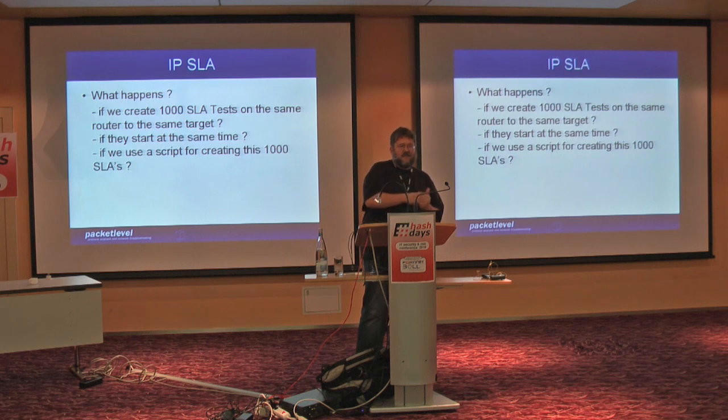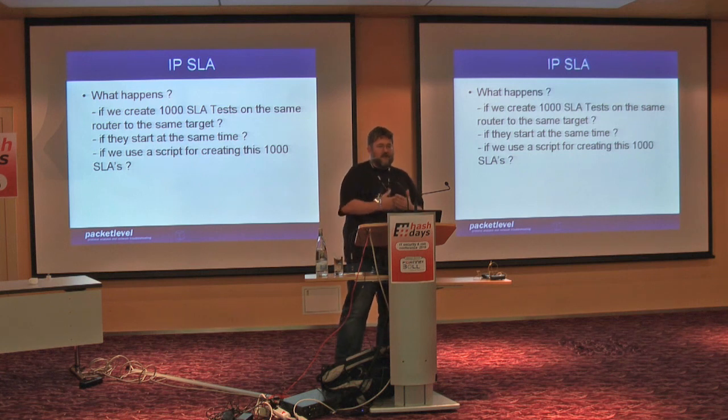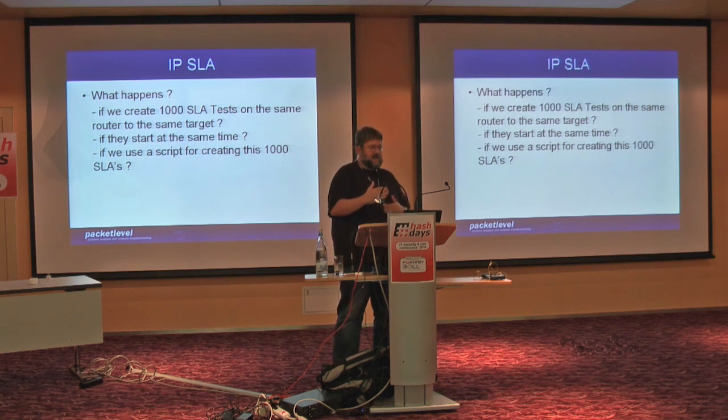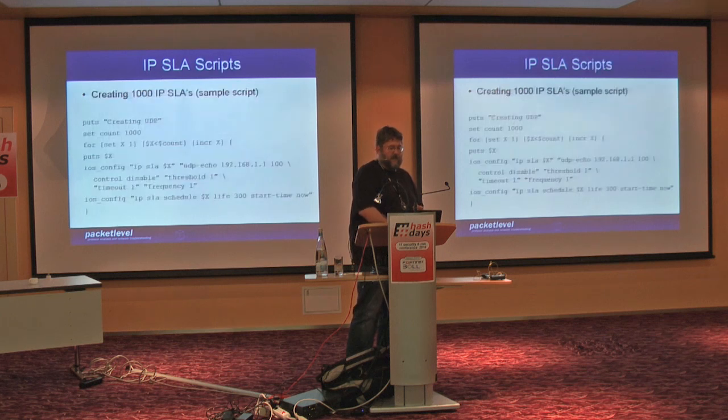But one session each second, one test, is not enough for me. Then I create some smaller scripts that, with one command, I execute thousands or 5,000 IP SLA requests. To start this, it needs a little bit of CPU power, and after this, you have 5,000 monitoring jobs running at the same time.